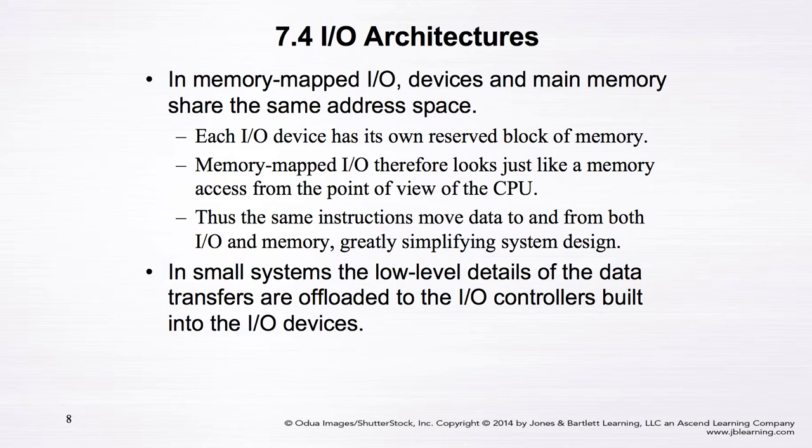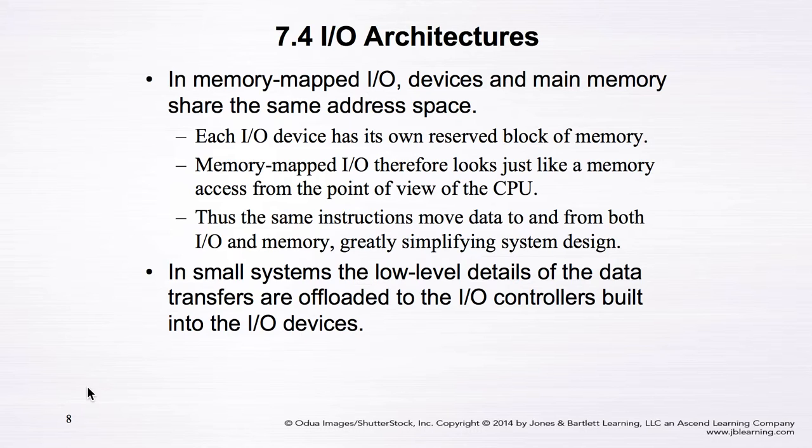So in the memory-mapped I/O device, basically the devices and the memory share the same address space. Each I/O device has its own reserved block of memory, and memory-mapped I/O therefore looks just like a memory access from the point of view of the CPU, and thus the same instructions move data to and fro between the I/O and the memory, and that significantly simplifies the system design actually.